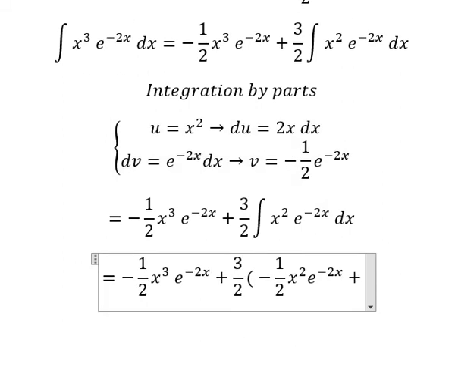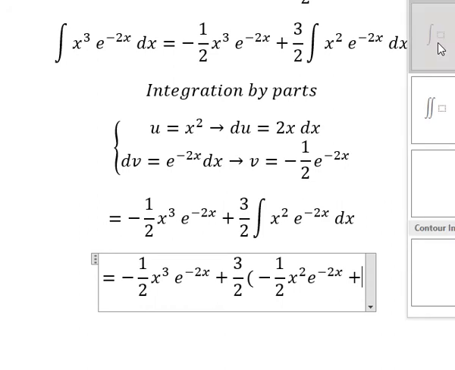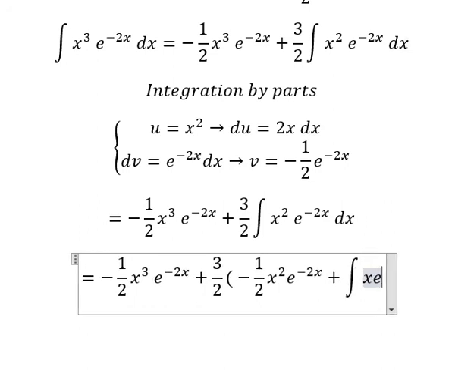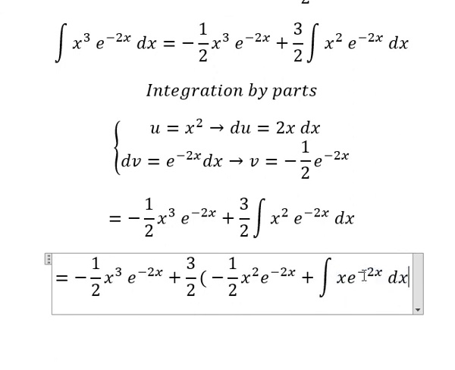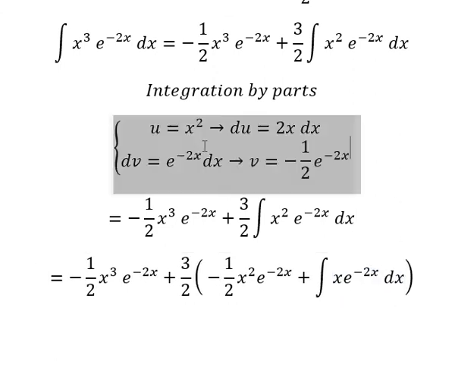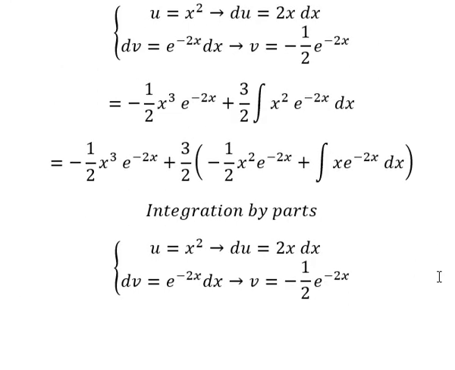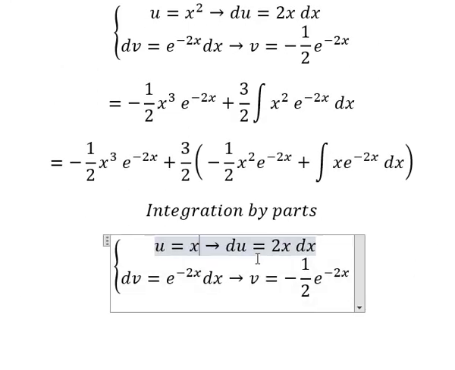And now we have the integration of s e to the power of negative 2s ds. Now we use integration by parts again. But now u is s, so du is ds.